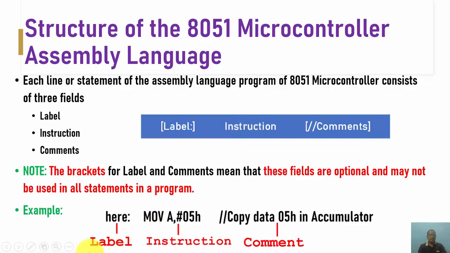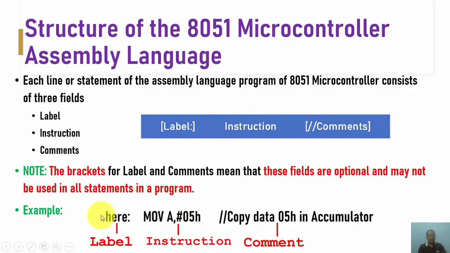The best example is like this. Say we want to copy the data 05H, that is the hex number 05, into the accumulator. In order to perform this task we give an instruction, and that instruction is written as MOV A, #05H. What this instruction will do is the data 05, the hex number, gets copied into the accumulator.